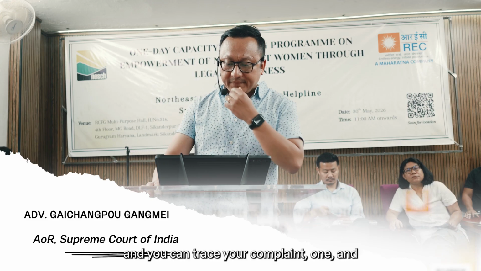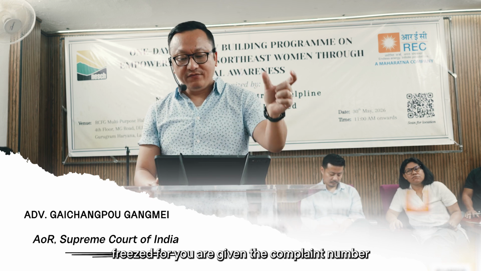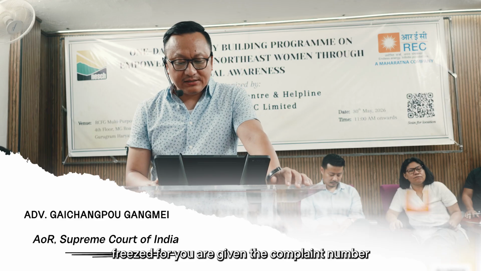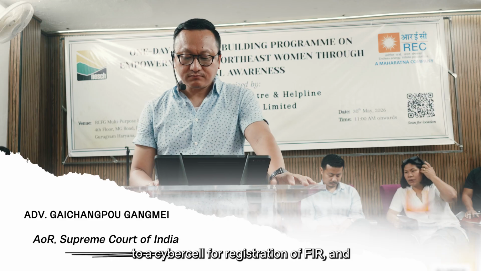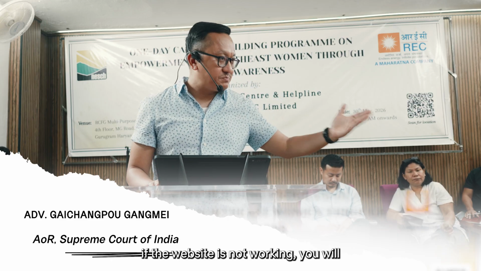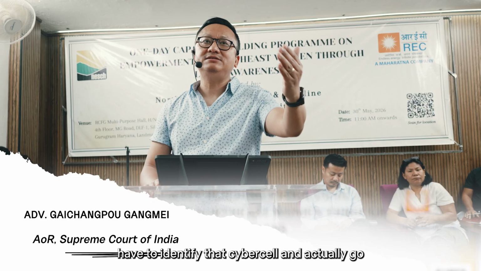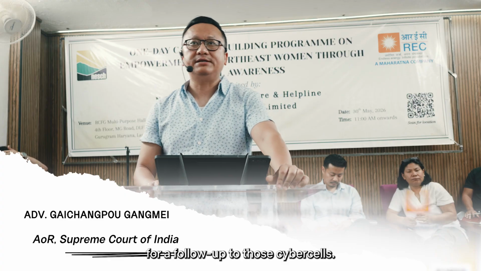What will transpire after the account is frozen or you are given the complaint number is that the complaint will then be forwarded to a cyber cell for registration of FIR. And if the website is not working, you will have to identify that cyber cell and go for a follow-up to those cyber cells.